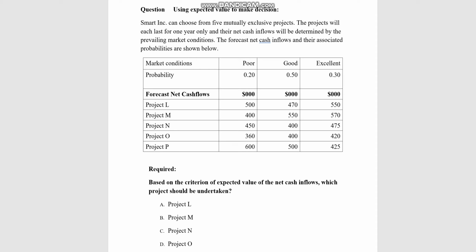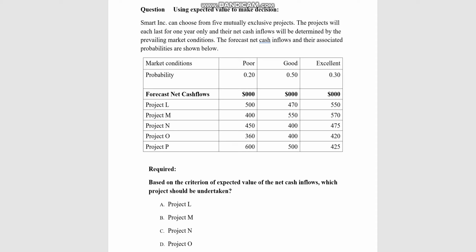And the probability of the market condition being poor is given as 0.2 or 20%. The market condition being good is 0.5 or 50%, and the market condition being excellent is 0.3 or 30%.